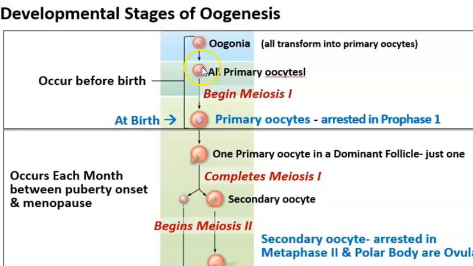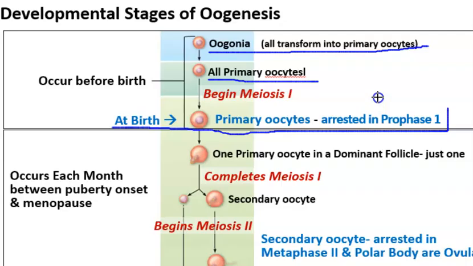One more time, just to make sure it sticks a little bit. We start with oogonia in the ovary, and they all transform into primary oocytes before birth. Here they are. They begin meiosis 1 before birth. At birth, all of these primary oocytes, there's like 2 million of them or something, are arrested in prophase 1.